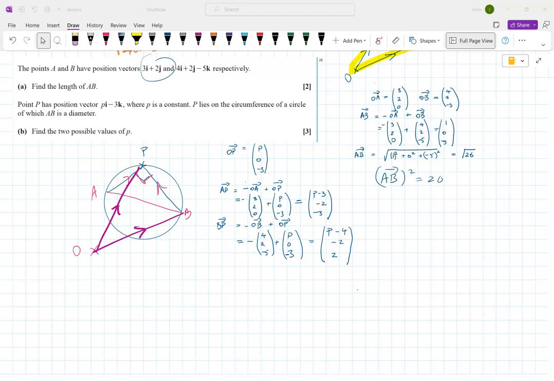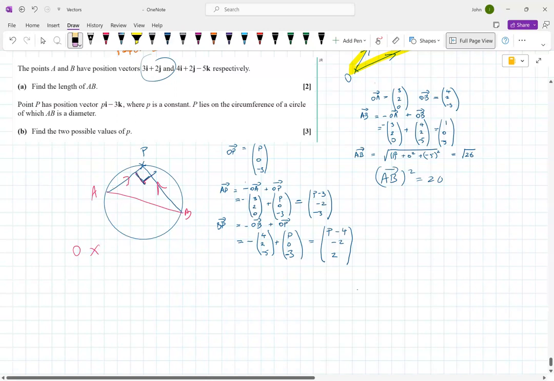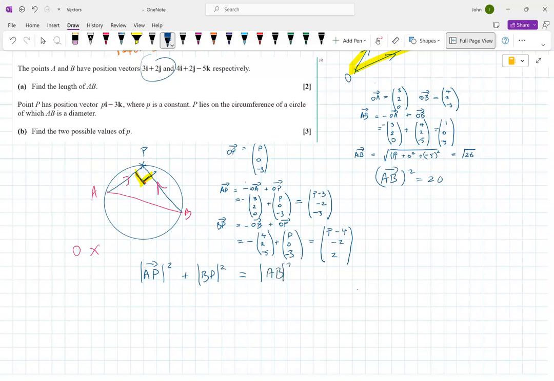Okay, so now I'm ready to use my Pythagoras here. I know that this is a right angle. We've got AB, AP and BP, and we can use the magnitudes of those and Pythagoras' theorem to work out the two values of p. So the magnitude of AP squared plus the magnitude of BP squared must be equal to the magnitude of AB squared.